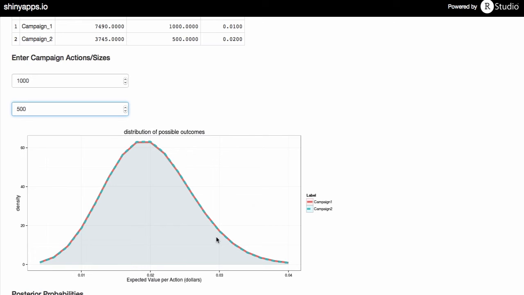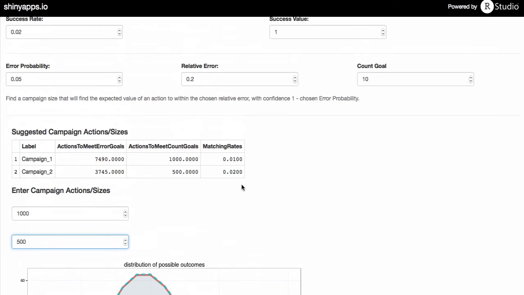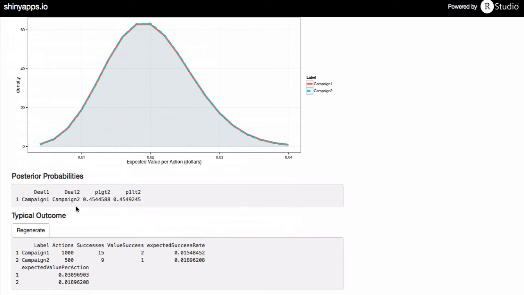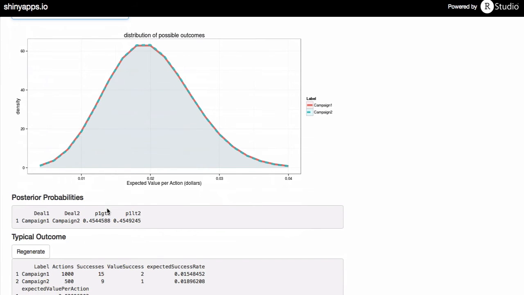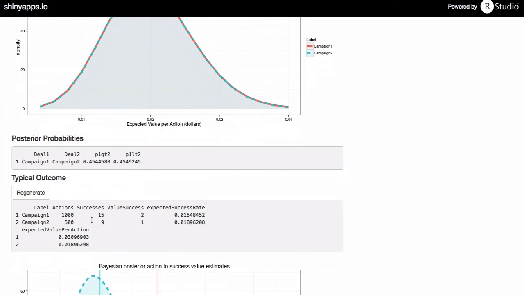And so we basically expect these campaigns to see about the same value, which is how they've been chosen. And it also says that we expect to see one campaign judged larger than the other about 45% of the time one way and 45% of the time the other way. Again, these are identical campaigns, so that's sensible. In fact, the only difference between this and 50% is sometimes both of these campaigns have identical success counts, so neither is strictly greater than the other.